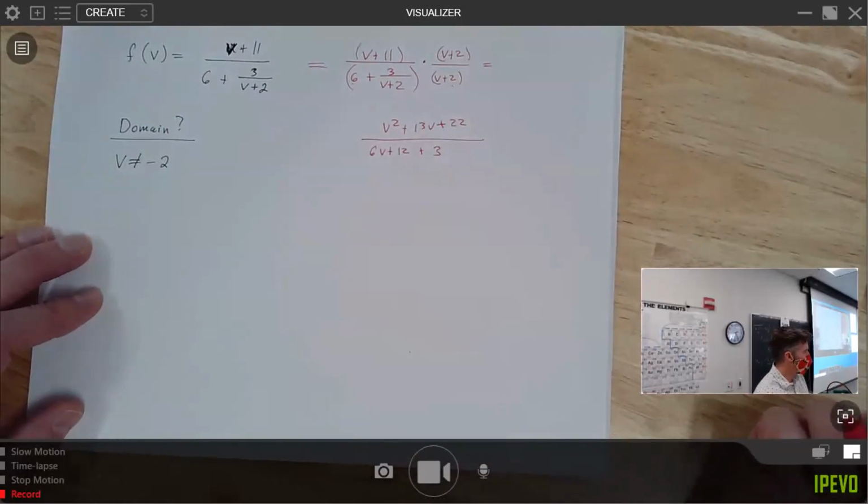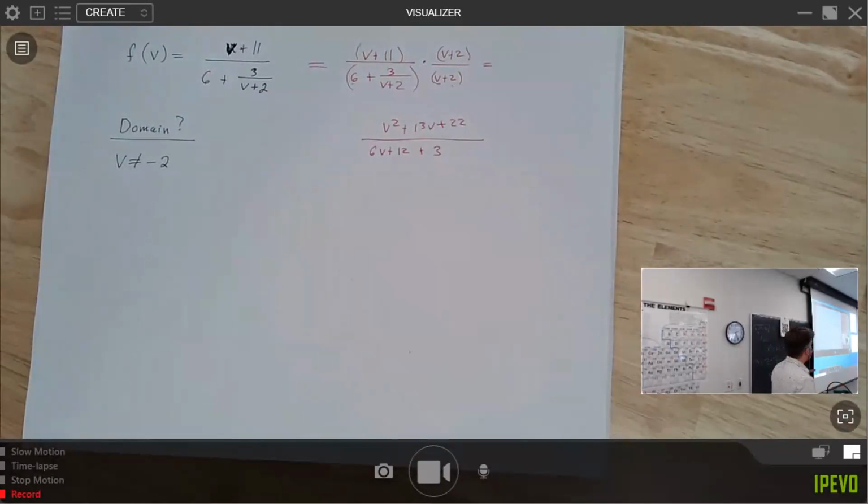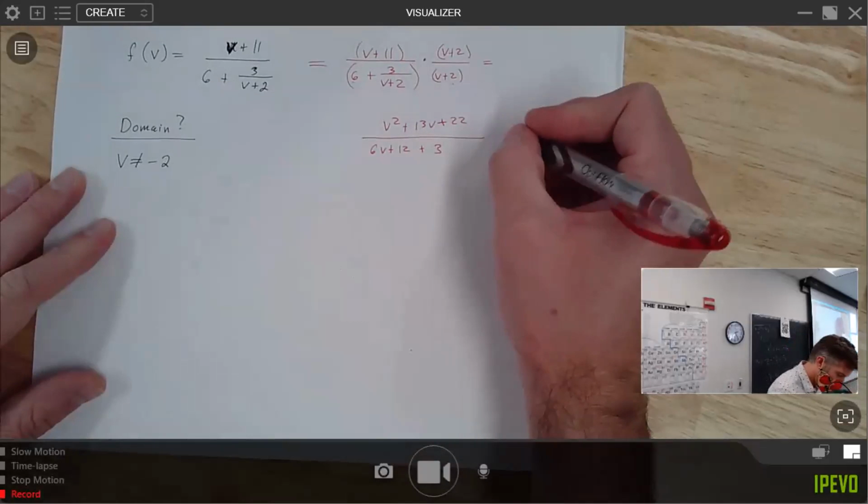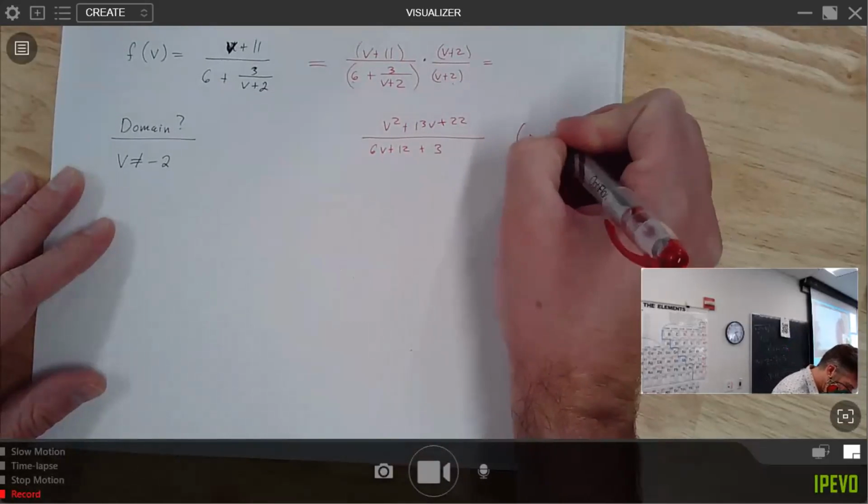So it makes it look nicer, right? Now the problem with this, it's a small problem, but it is a problem. The problem with this is that it's less evident that v is not allowed to equal -2. It's still true, but if we write it this way, if we simplify it, we have to remind ourselves, oh yeah, and v can't be -2.